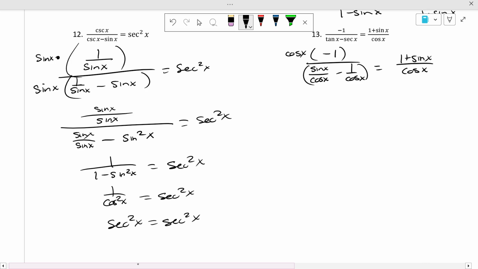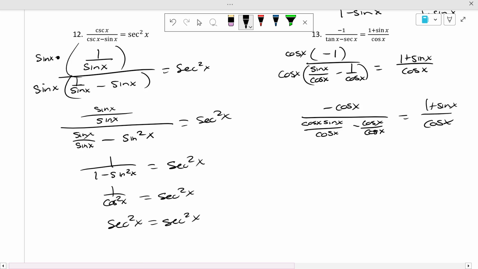Multiply by cosine of x. So negative cosine of x over cosine of x sine of x over cosine of x minus cosine of x over cosine of x equals 1 plus sine of x over cosine of x.